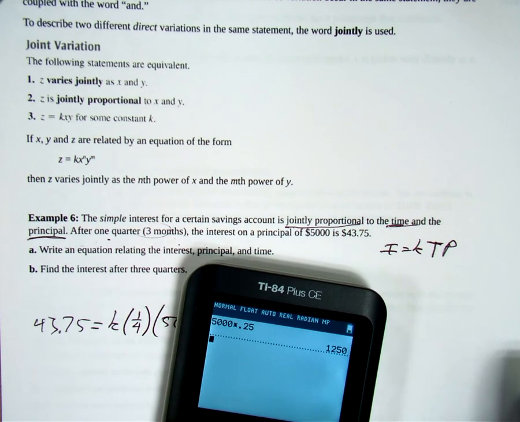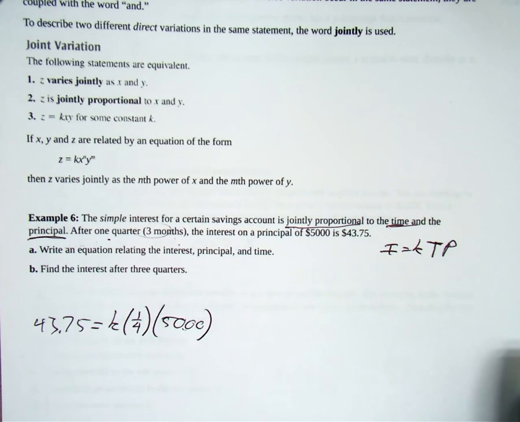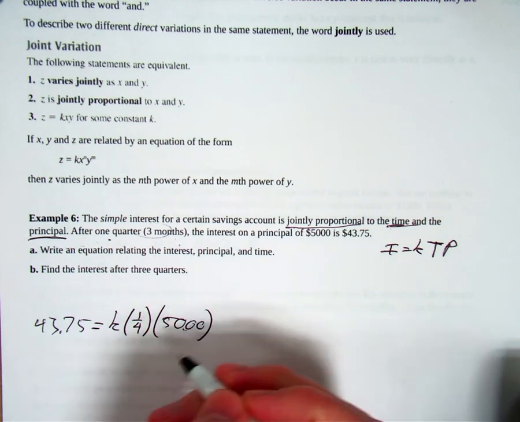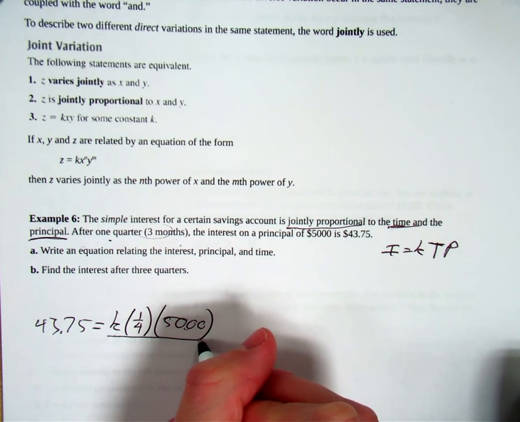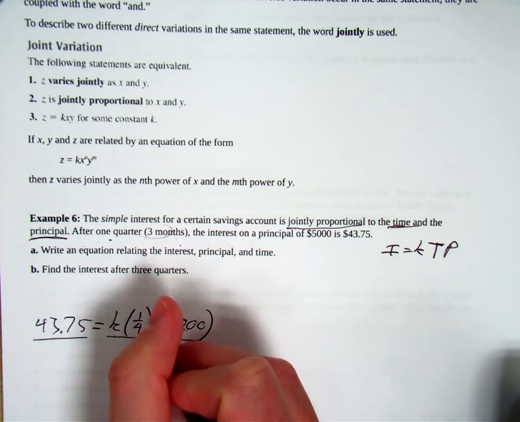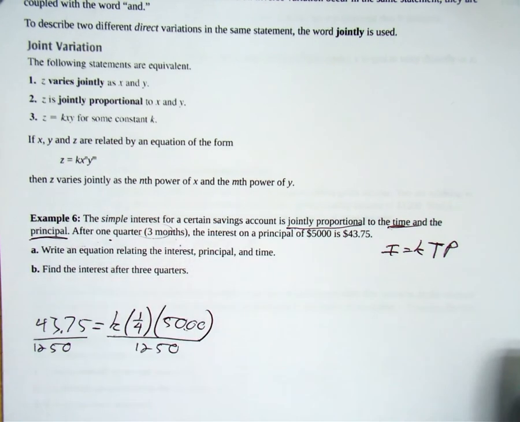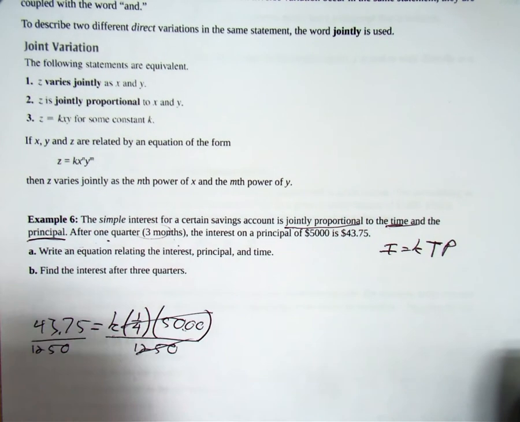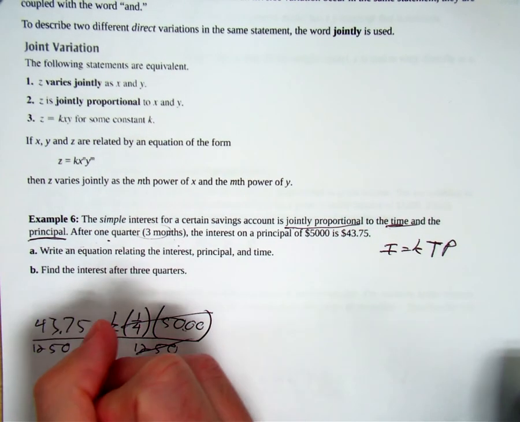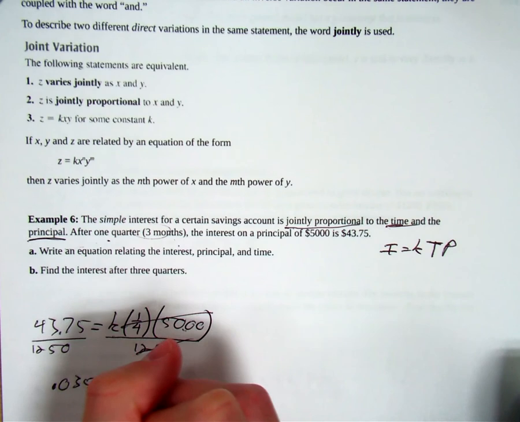All right, we're going to divide that over. 43.75 divided by 1,250. .035 is our K.